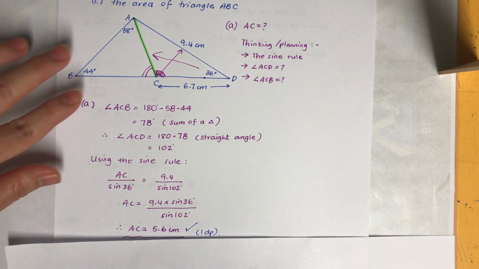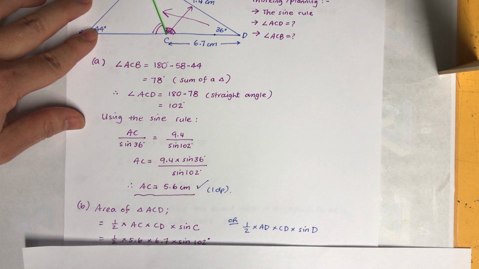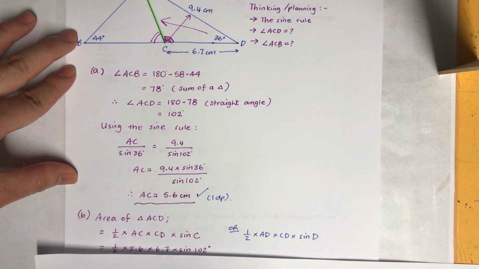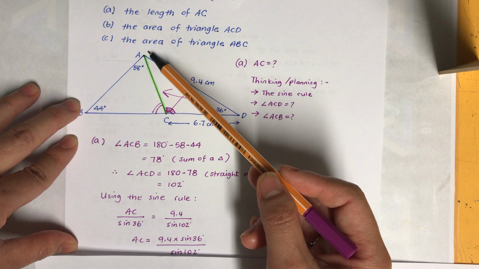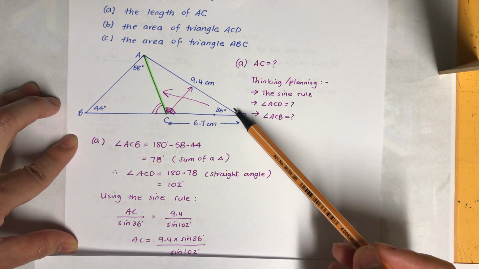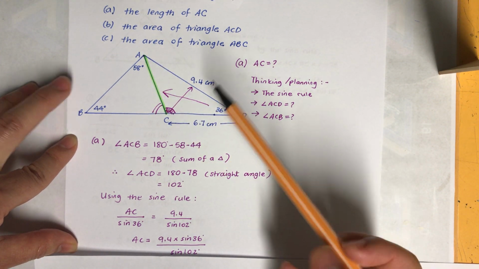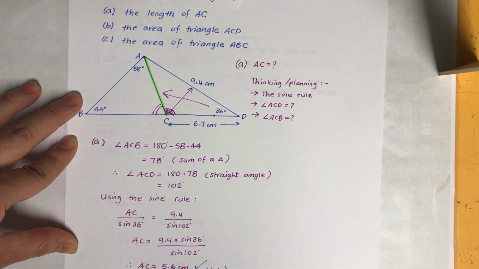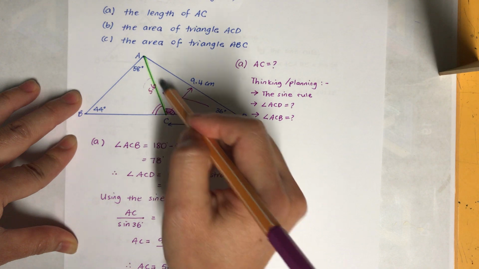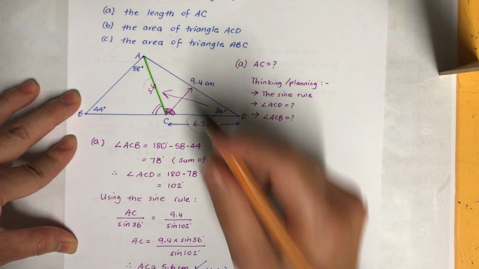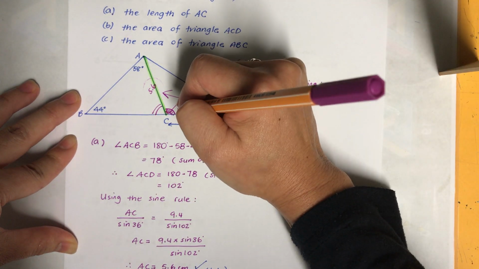That's not too bad. And B, and then we have to find the area of ACD. Okay, so ACD, that's the area we have to find. That's not too bad because we already found AD, which is 5.6. I've got this, and the angle was 102.